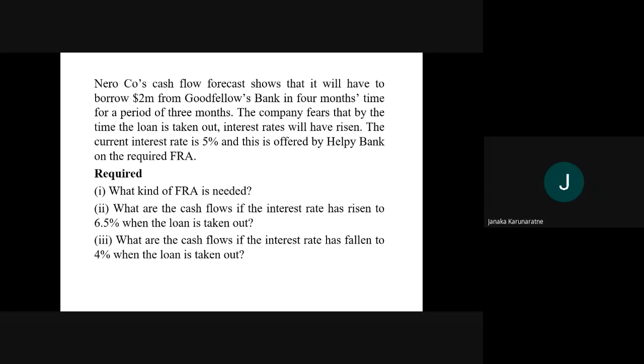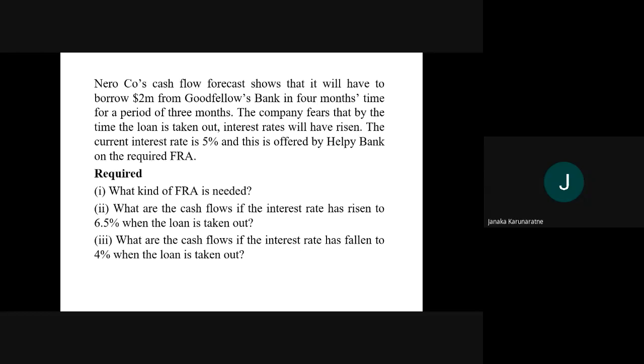Can you work out this example before we discuss? Nero Company's cash flow forecast shows that it will have to borrow $2 million from Goodfellows bank in 4 months' time for a period of 3 months. The company fears that by the time the loan is taken out, interest rates will have risen.